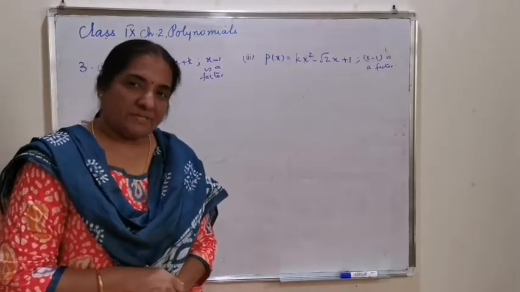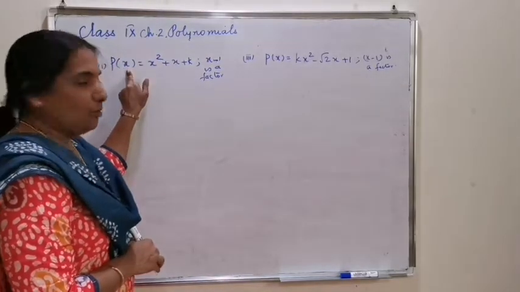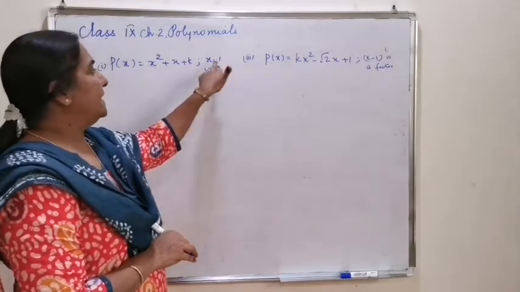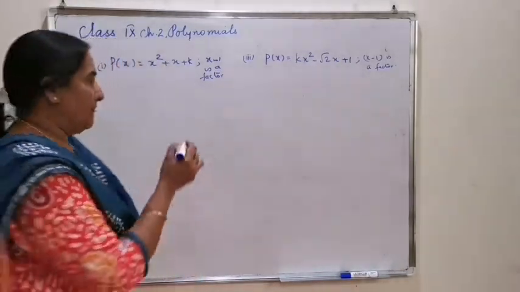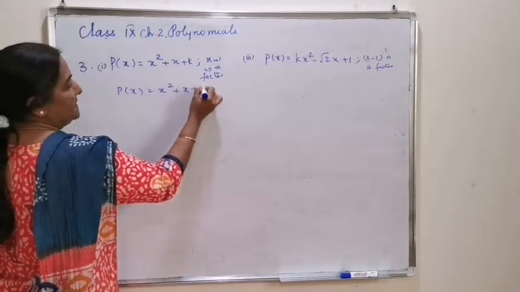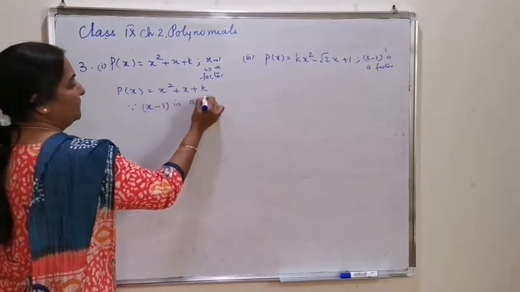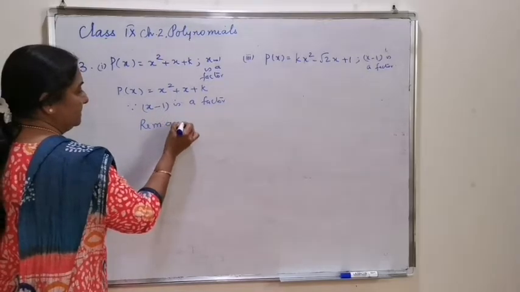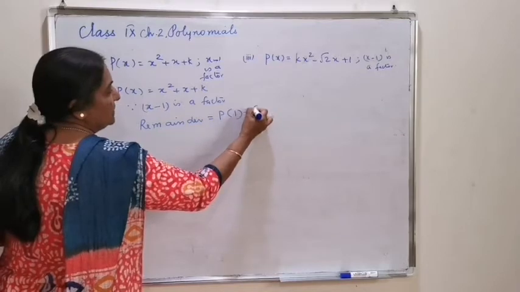The next type of question where the factor theorem is applied, you are given a polynomial with an unknown quantity and it is given that x minus 1 is a factor. How do you present the answer? P of x is equal to x square plus x plus k. Since x minus 1 is a factor, remainder equal to P of 1 is equal to 0.